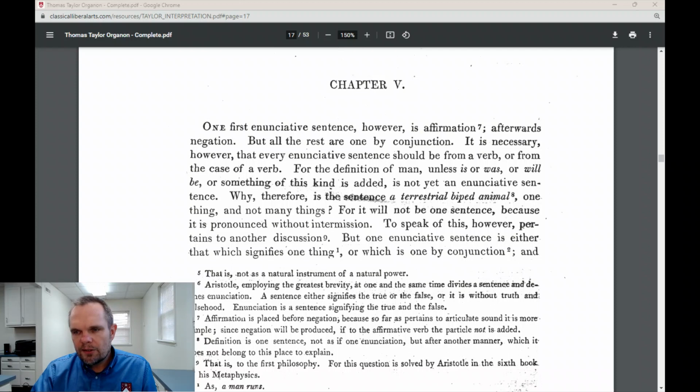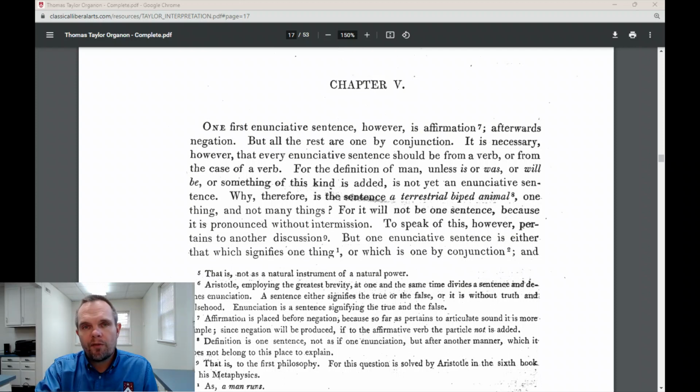One enunciative sentence is either that which signifies one thing, which we would call a simple enunciative sentence, or a sentence which is one by conjunction, a composite enunciative sentence.